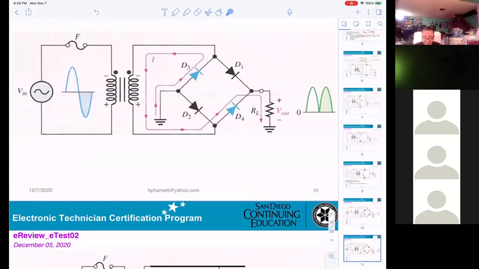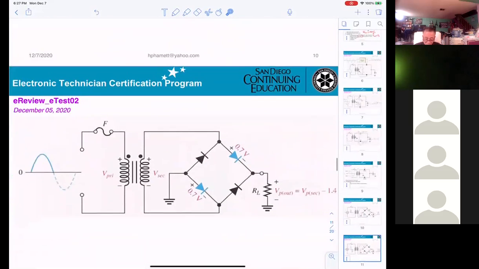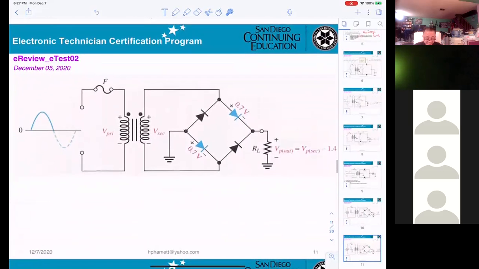Yeah, in here, they will be giving you a little more detail, and the output will be a full wave. Same thing. However, on that one, they give you the formula to calculate the V out.